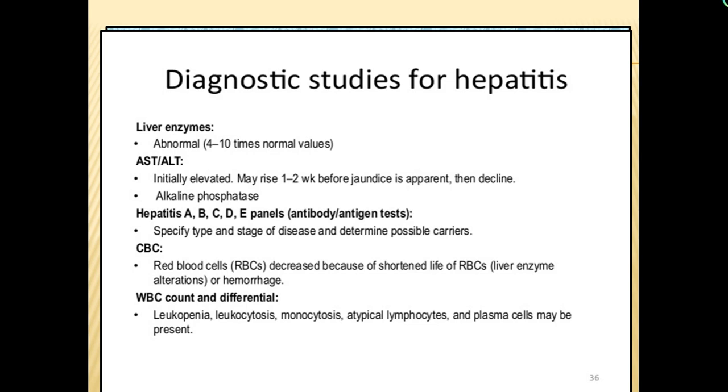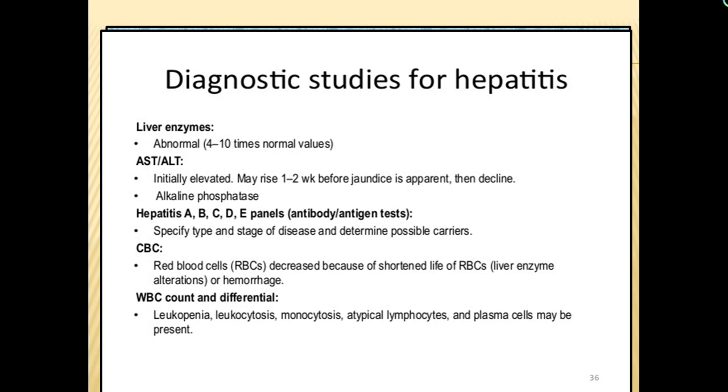Now what is the full form of SGOT? Serum glutamic oxaloacetic transaminase. So SGOT is serum glutamic oxaloacetic transaminase.